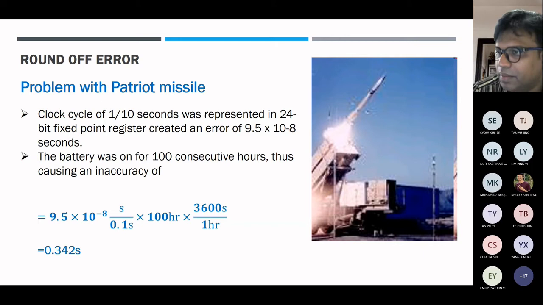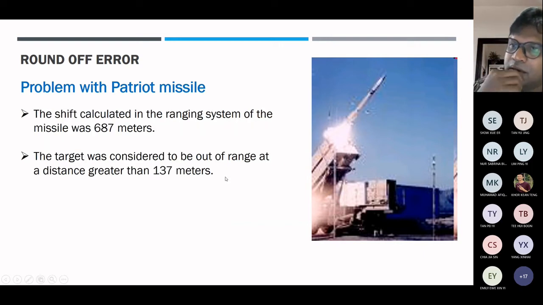Now, the reason for what happened: the shift calculated in the ranging system of the missile was 687 meters, which means it was expecting less than that.